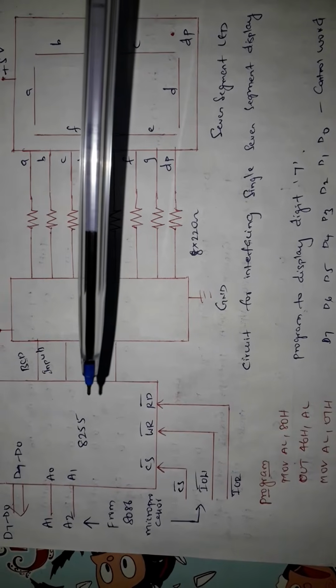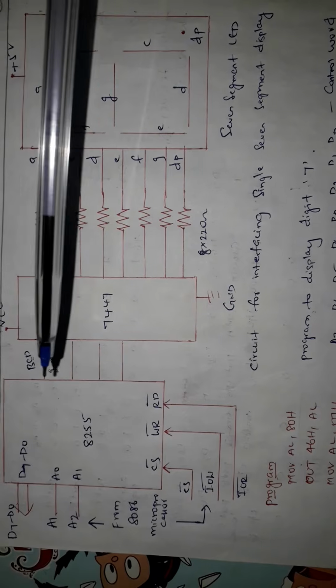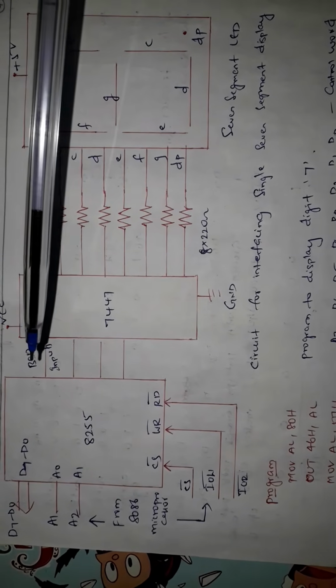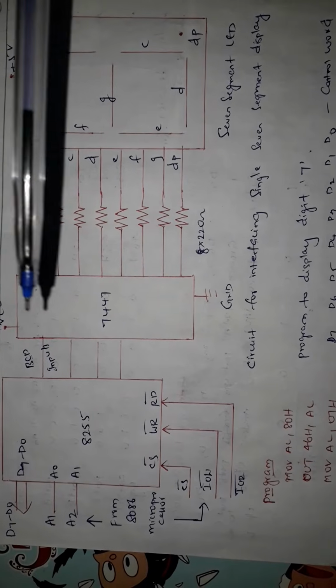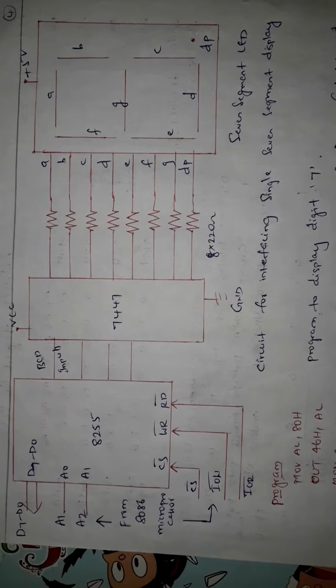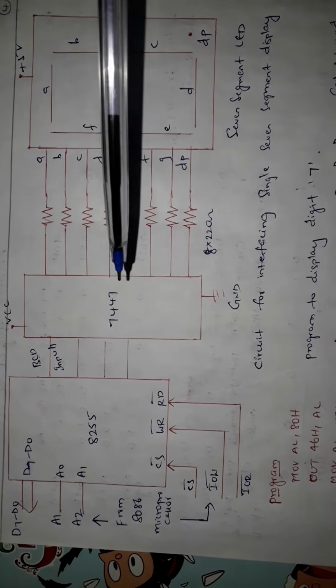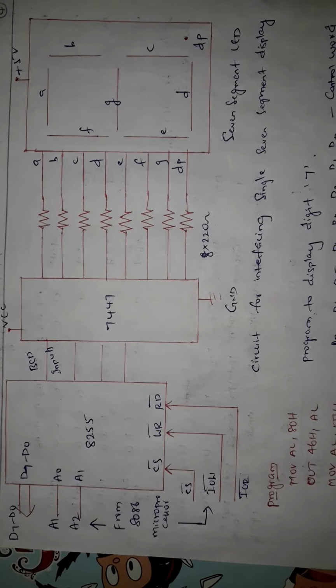Now at the other end of the 8255, we have 3 ports: port A, port B and port C. Here we are using port A to interface the 7 segment LED. In addition to this, we are going to use one more IC, the 7447, which is a 7 segment decoder IC.